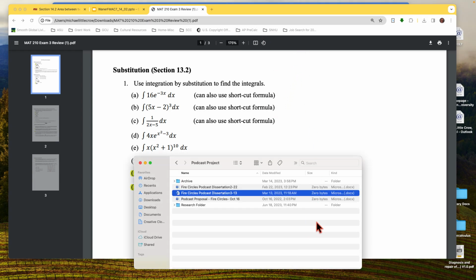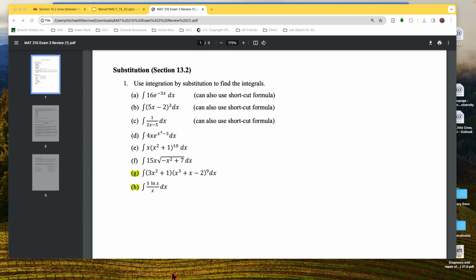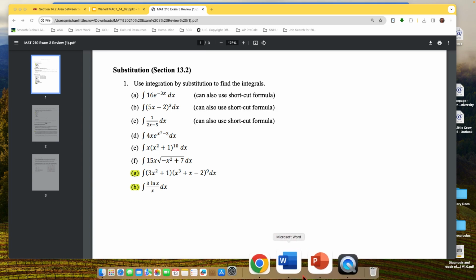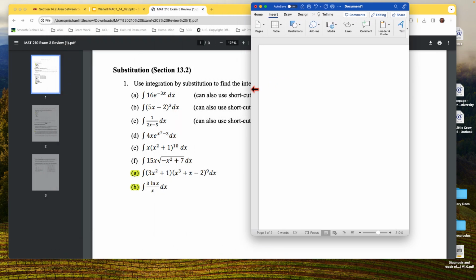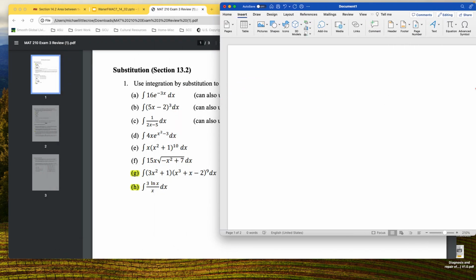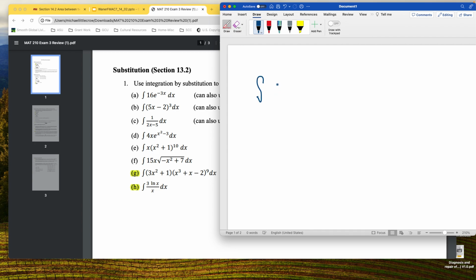So we're integrating 15x square root of negative x squared plus 7 dx.